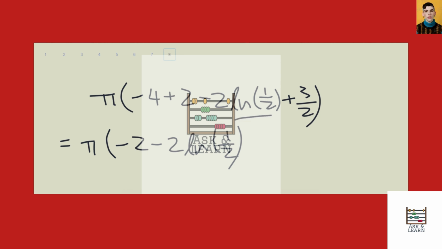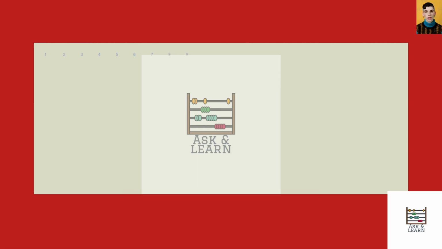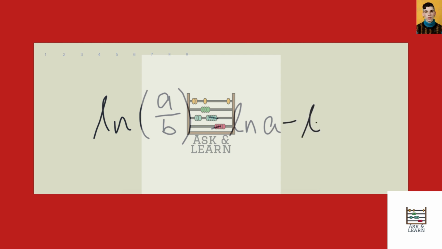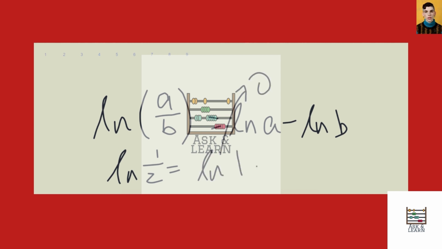We can simplify the ln of 1/2 because there's this rule where ln of a over b is equal to ln of a minus ln of b. So ln of 1/2 is equal to ln of 1, you know what that is, that's just 0, minus ln of 2. So we really just get negative ln of 2.